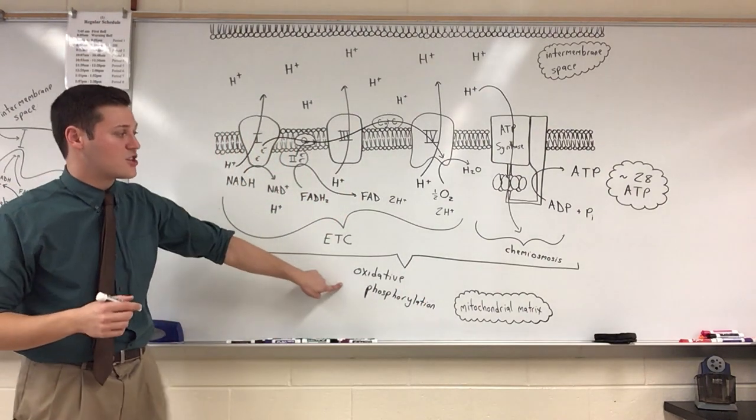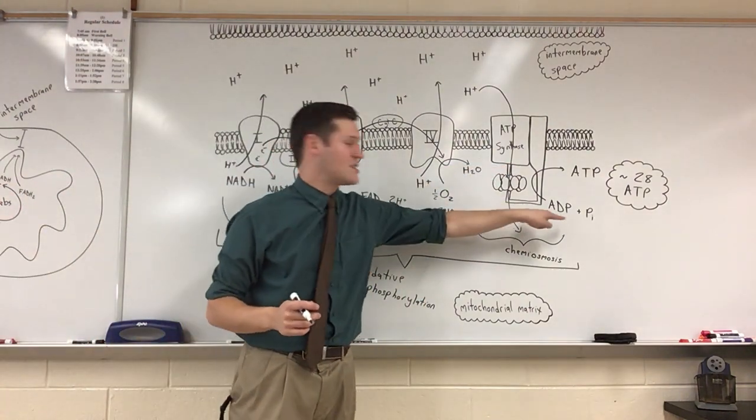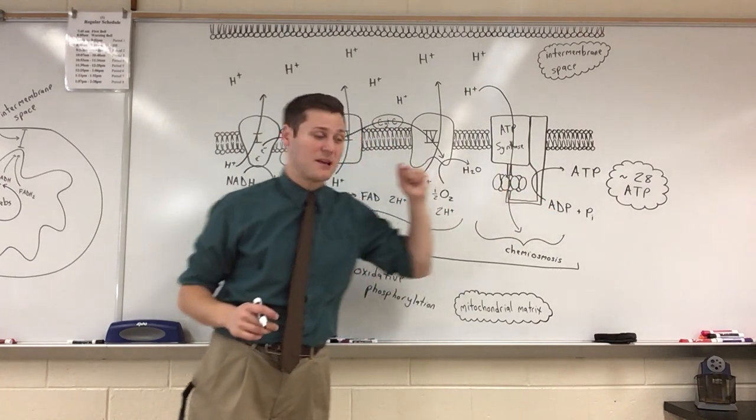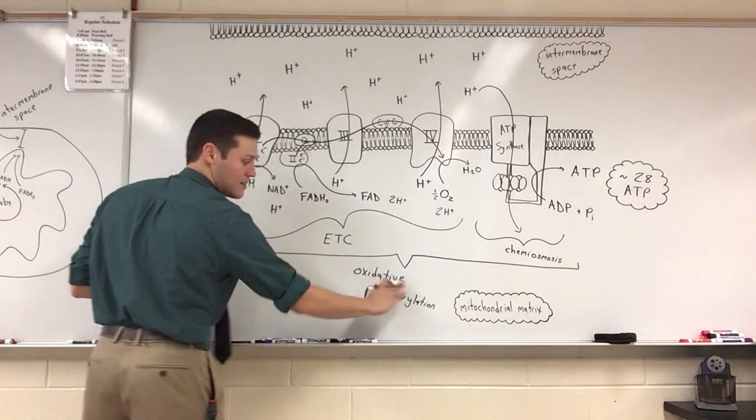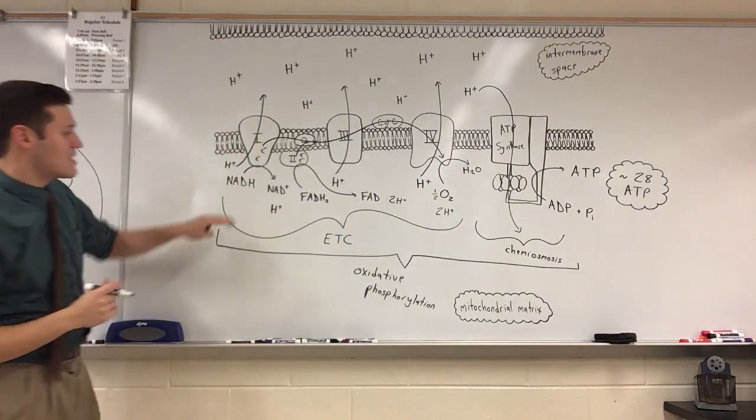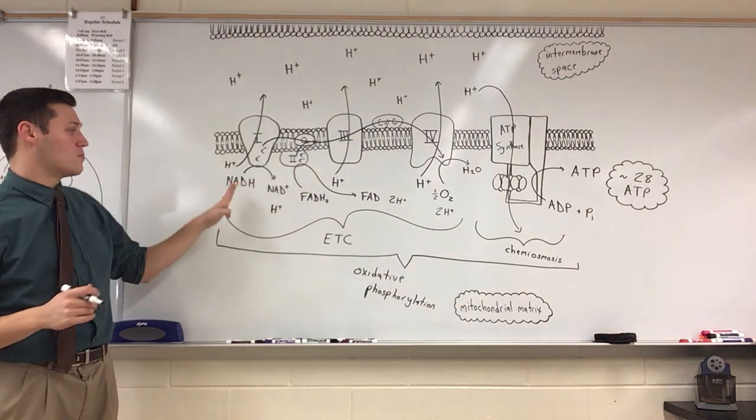The phosphorylation part happens during chemiosmosis when we add a phosphate group to the ADP to become ATP. And the oxidation part happens during the electron transport chain. So we see it very clearly here and here when we lose electrons.